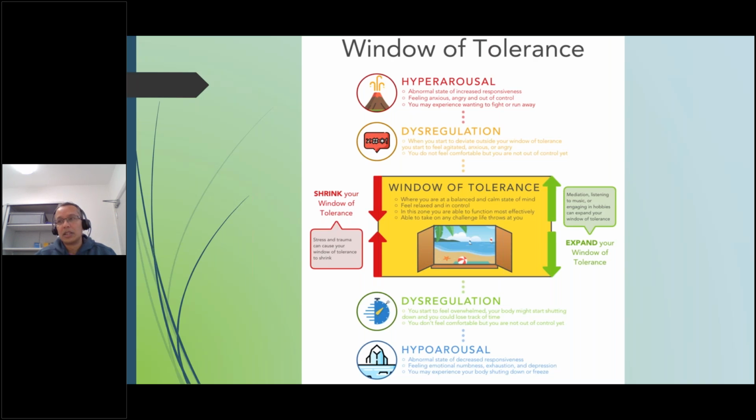This is important because if we can gauge where our learners are in terms of their window of tolerance, it gives us a better idea of what is affecting them, and therefore what steps we can take to either upregulate them or downregulate them, so that they come within the window of tolerance where they are at optimal learning capacity.